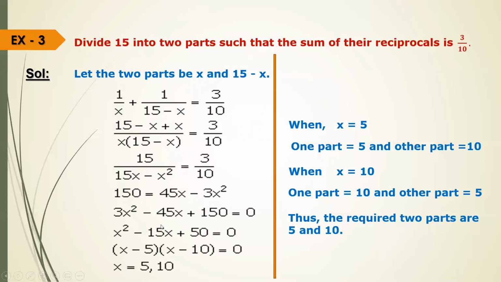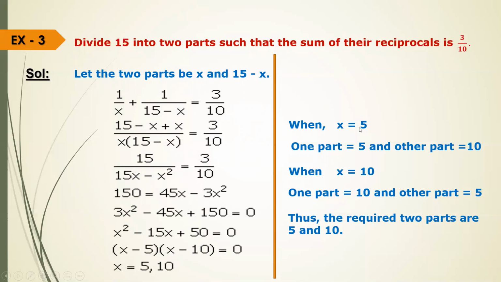Again splitting the middle term. I want 50, so splitting the middle term 15, the factors will be minus 10x minus 5x. Take common, and find the two values of x, which we are getting as 5 and 10. So both the answers will satisfy our equation in this question.